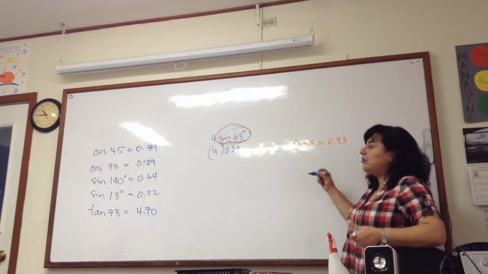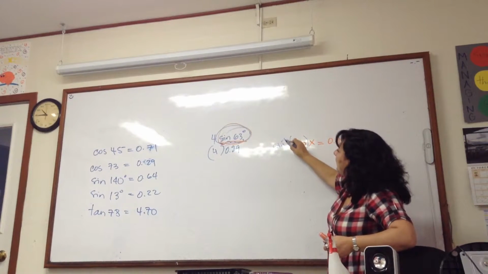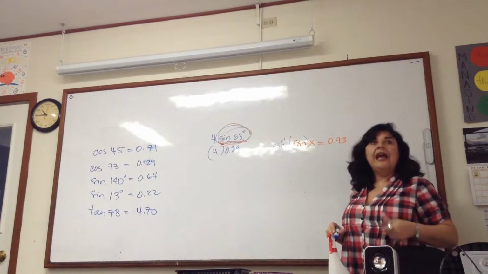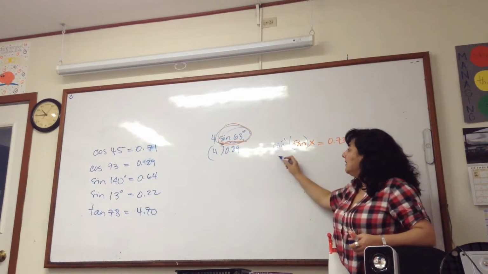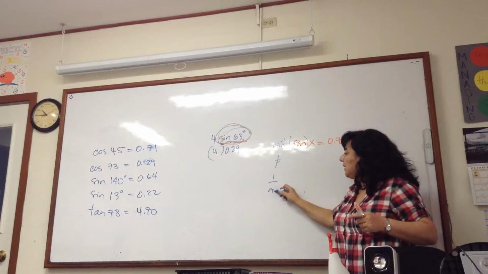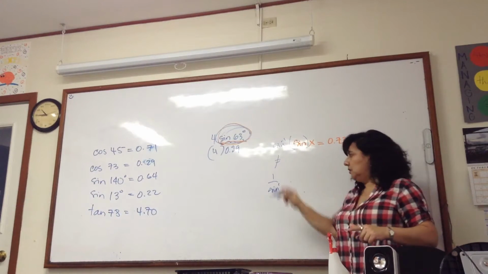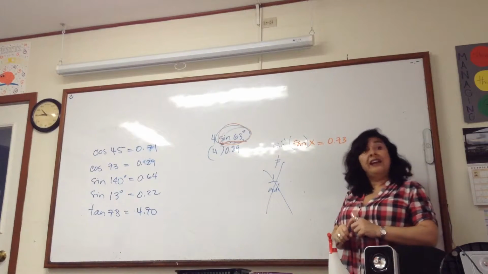The inverse function for this one is called, very appropriately, sine to the minus 1, inverse sine. This does not equal 1 over sine. That is a reciprocal, not an inverse function.